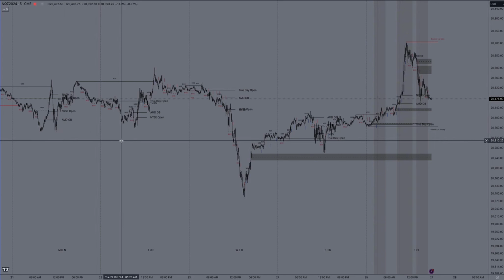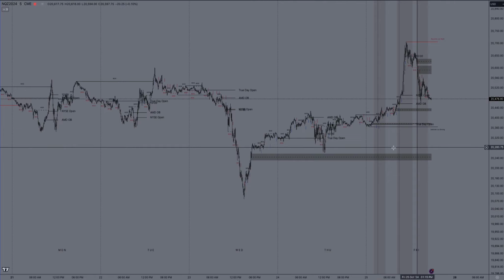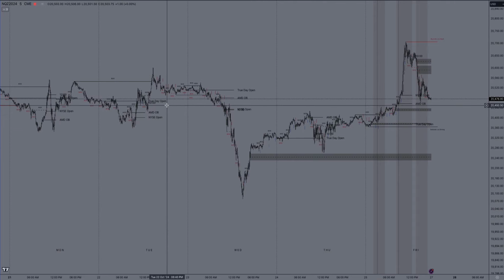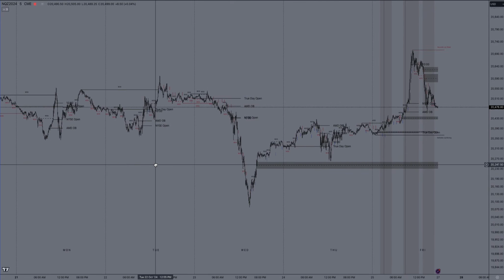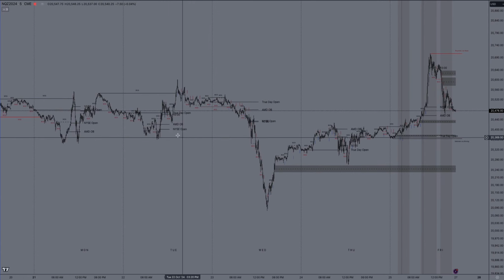So for Tuesday, Wednesday, Thursday, and Friday, we're going to just stay on the 5 minute because it is possible to get good entries on the 5 minute and the 15 with the same techniques. And we're just gonna go through them a little more quicker than we did Monday.